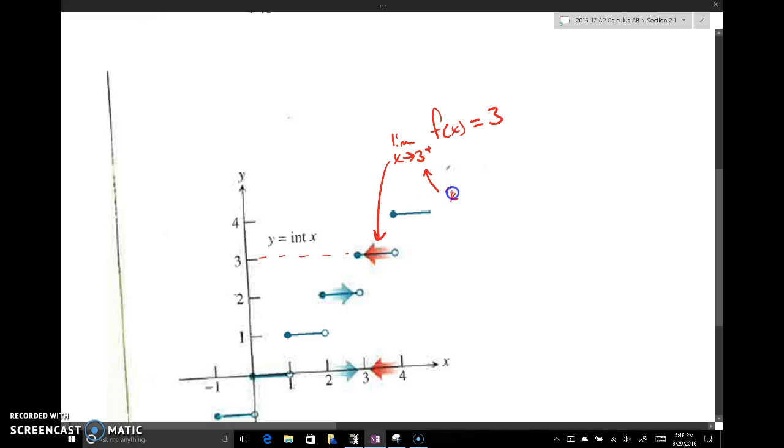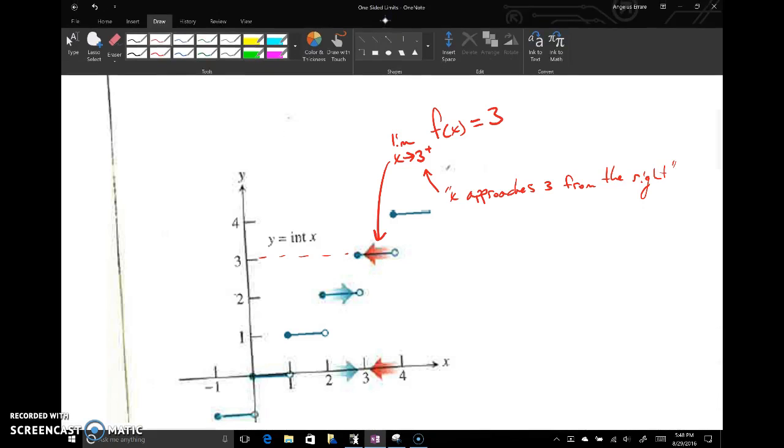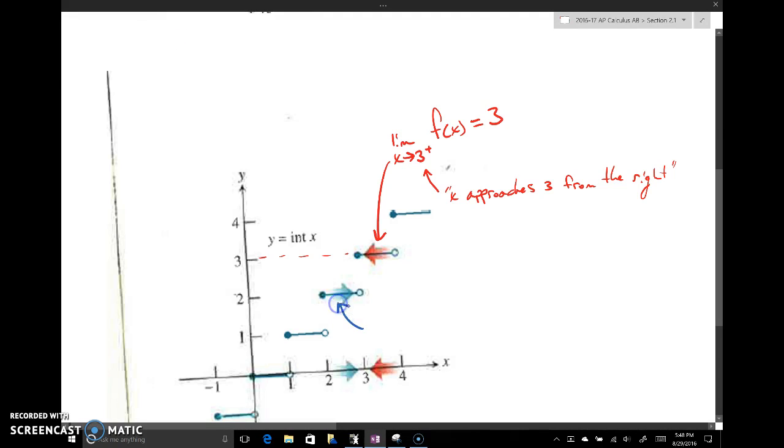So this means x approaches 3 from the right. So this is a handed limit. And the other arrow down here, this one is saying the limit as x approaches 3 from the left, or from the smaller values.